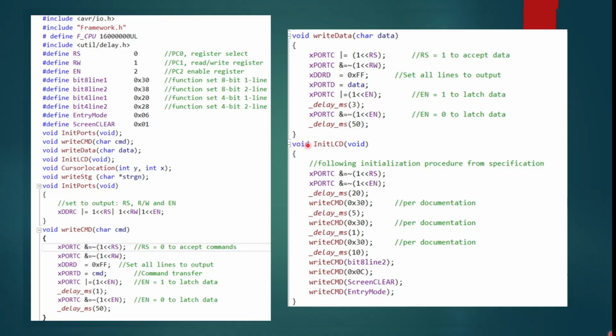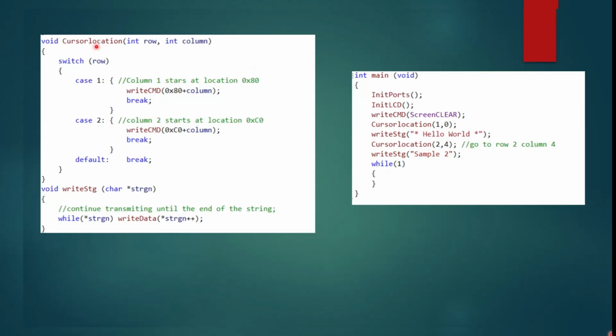Then we have the init LCD routine. Here we have a cursor location routine, which decides whether the character is going to be displayed on the first or second row of the display, and the location. Here we have the write string, which parses a string and sends it character by character, or I should say ASCII character by ASCII character, to the display. And finally, we have the main routine.